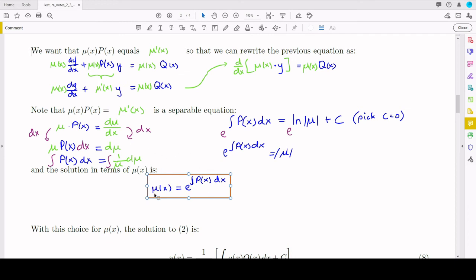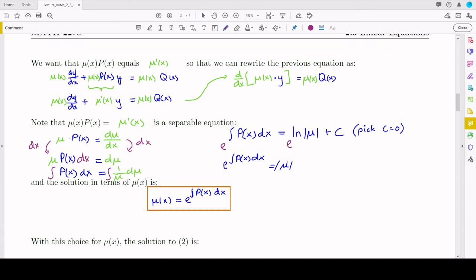Now, how do we then find the solution to our differential equation? What we do here is take our differential equation in this form, and integrate both sides.